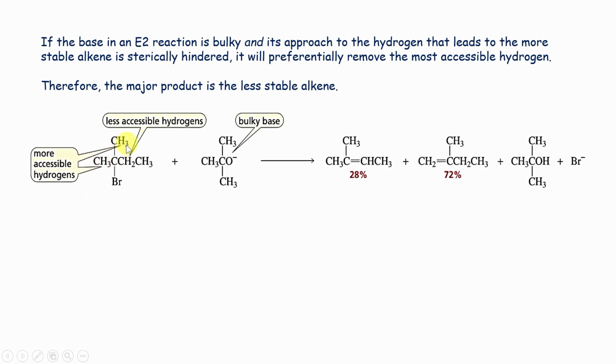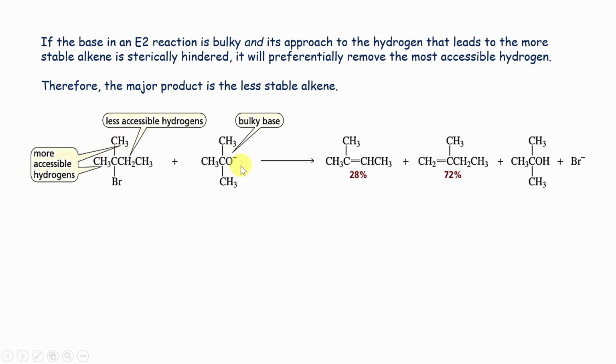The hydrogens of these two methyl groups are more accessible than the hydrogen of this CH2 group, because it is sterically hindered. This hydrogen is sterically hindered by this methyl group and this bulky tertiary butyl group, and hence these hydrogens of the methyl group are more accessible.